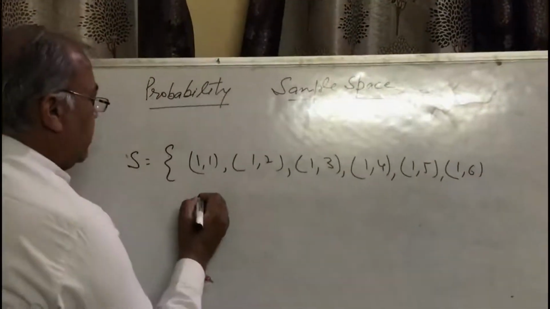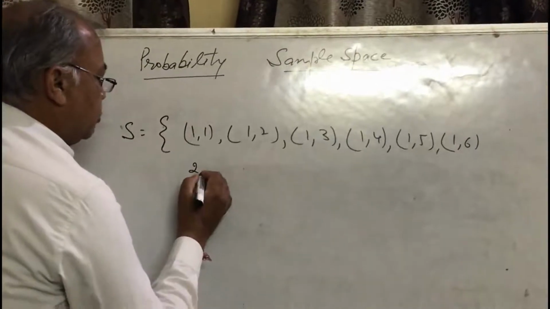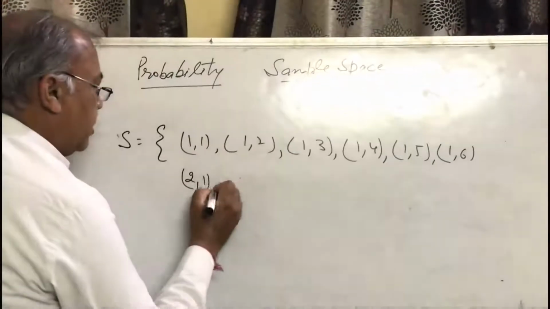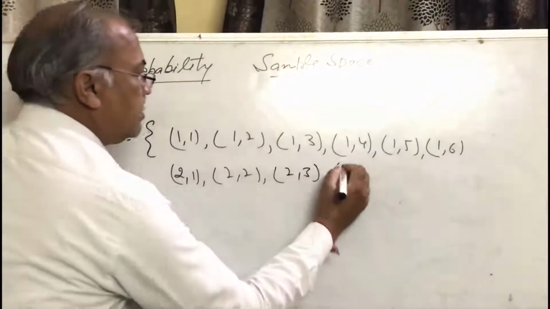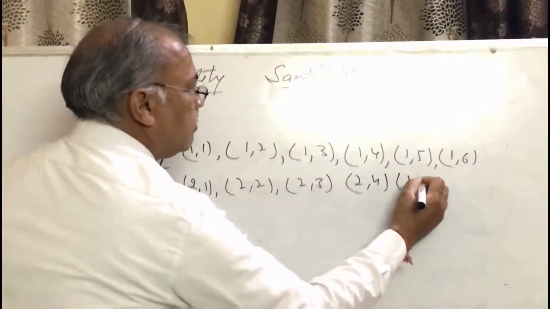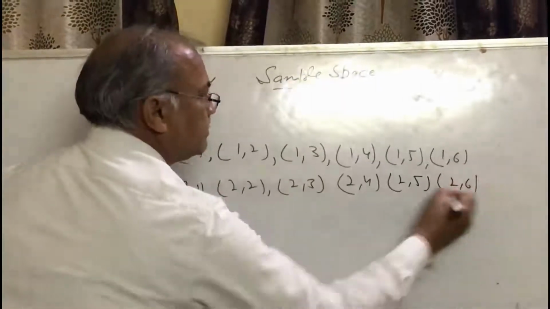Similarly, when the first die is showing 2, the second die may show 1, 2, 3, 4, 5, 6.